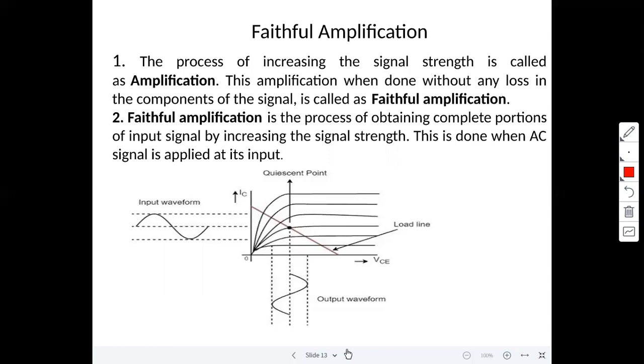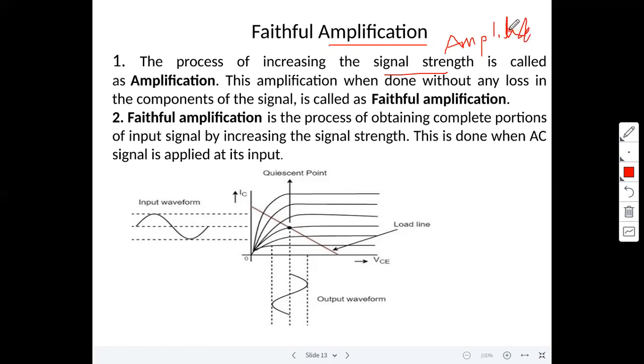Now, what is meant by faithful amplification? Already we know the amplification. Observe here. The process of increasing the signal strength or amplitude is called amplification. Signal strength and amplitude all have the same meaning.